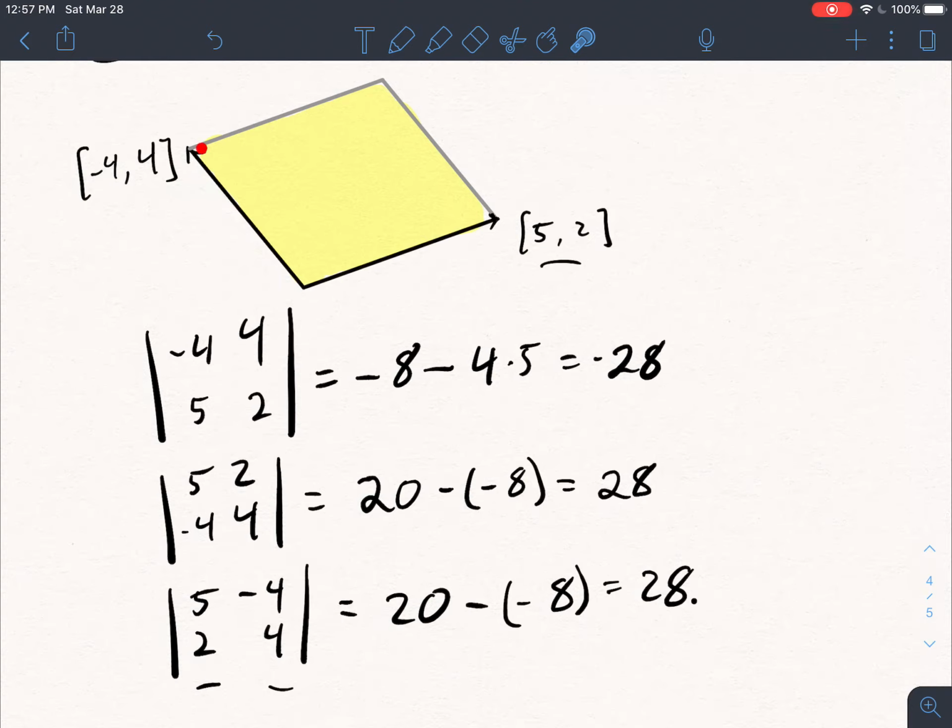So the area of this parallelogram, which would be pretty time-consuming and tedious to figure out if we didn't know how to use determinants, we could just do by taking the determinant of a matrix, and it just works out. So I think that's a really nice application, and this geometric interpretation I think is pretty neat.